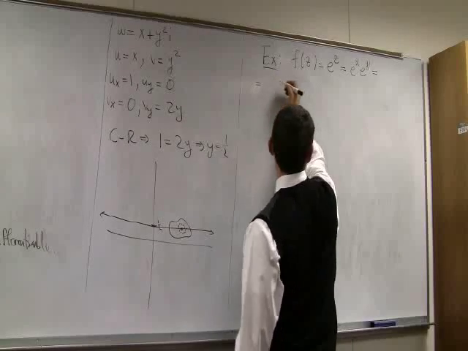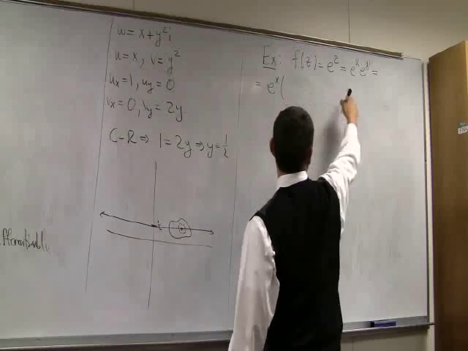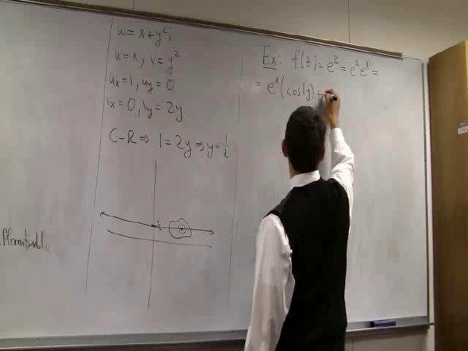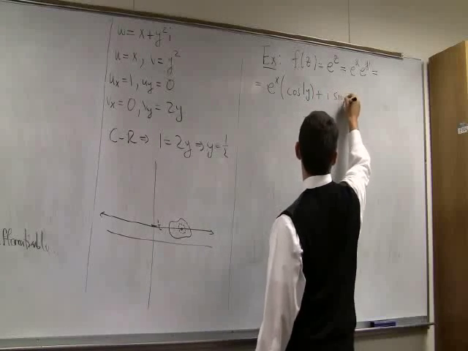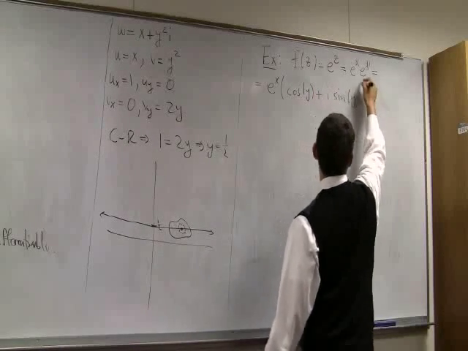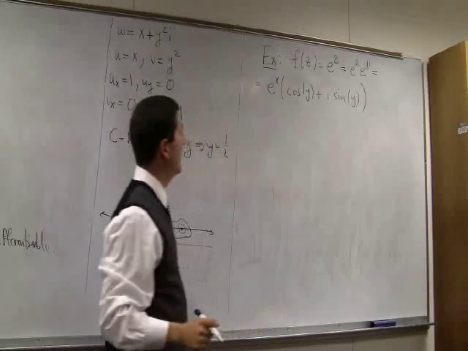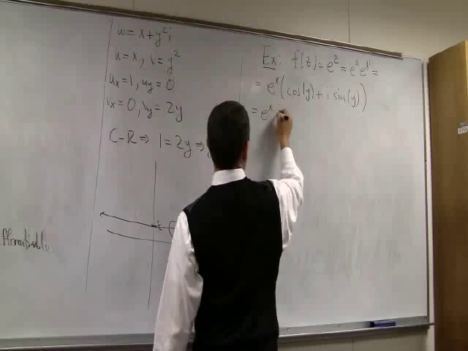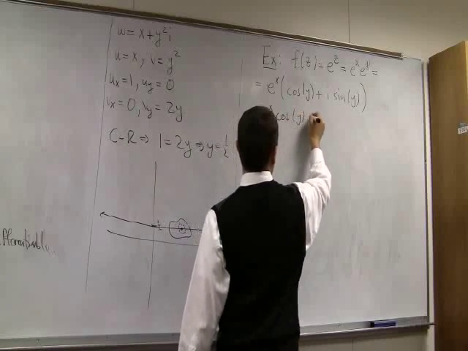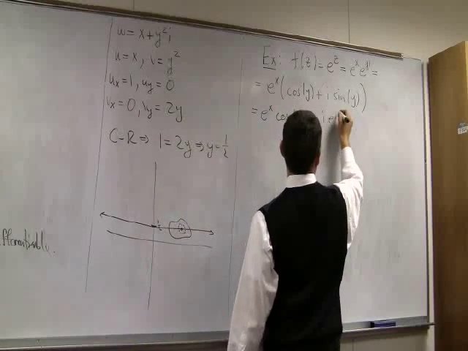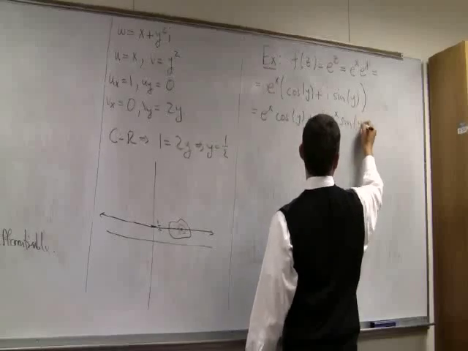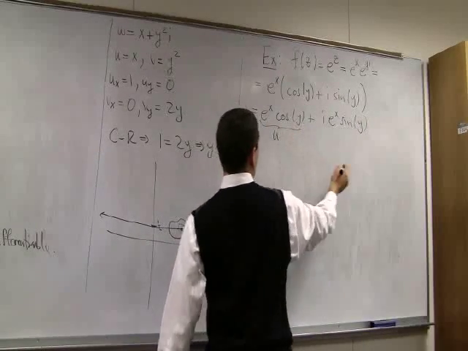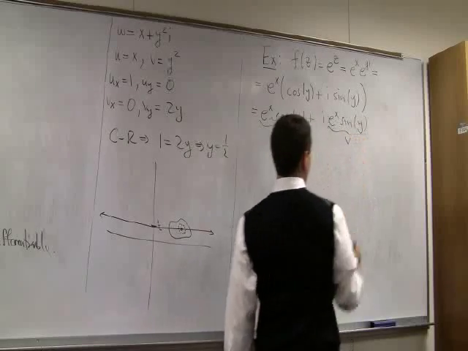Remember you can write e to the yi as cosine of y plus i sine of y, cis y. Then I can easily break this up as e to the x cosine of y plus i e to the x sine of y. And this is my u, and this is my v.